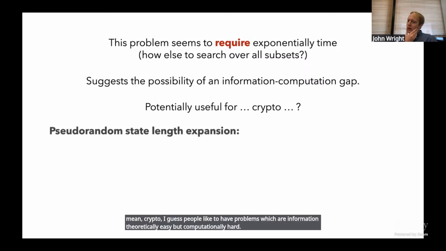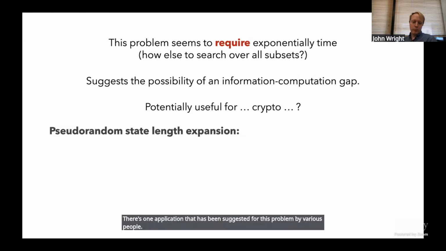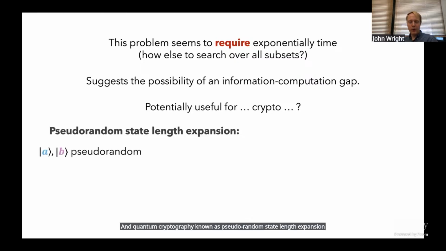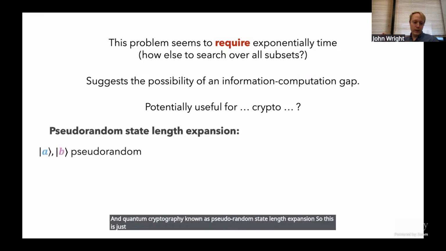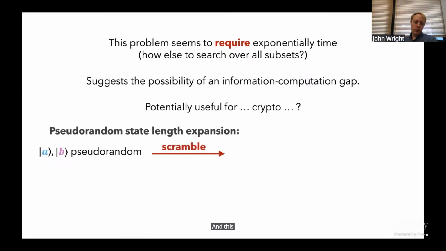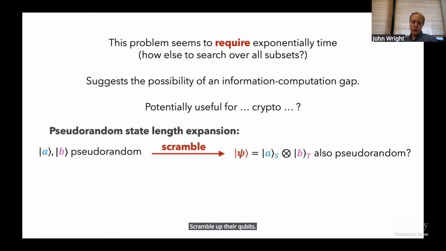There's one application that has been suggested for this problem by various people in quantum cryptography, known as pseudorandom state length expansion. This is just like: if I have two pseudorandom states, A and B, is there some way of combining them to get a longer state that remains pseudorandom? And this suggests one possible way of doing this. Just take A and B, and scramble up their qubits to give you the state psi.